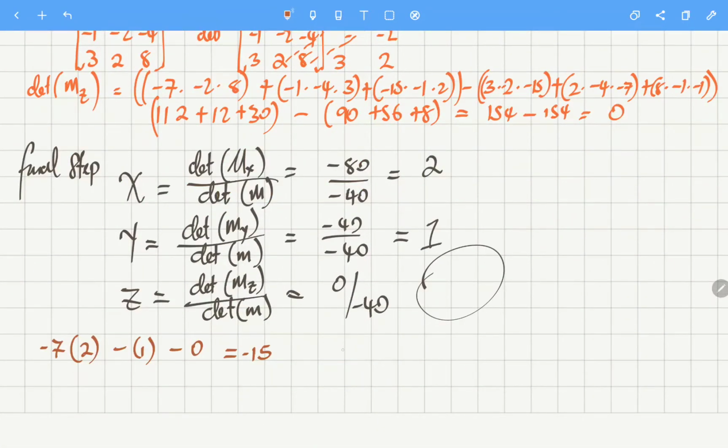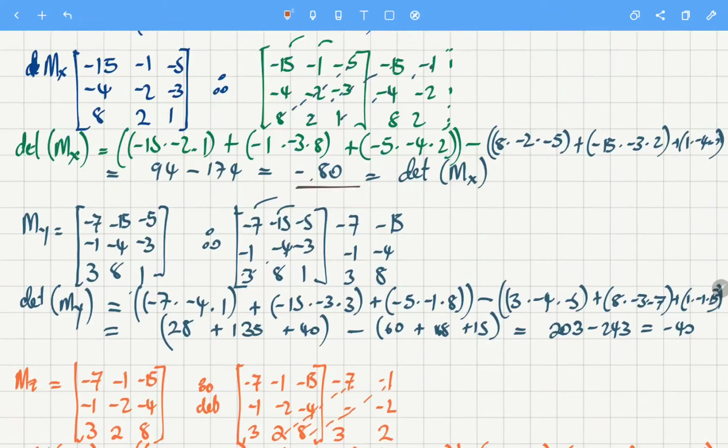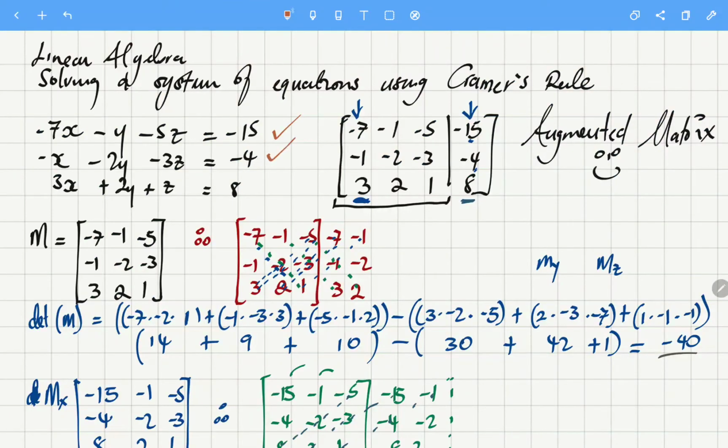And then the next equation: minus 2 times 1 minus 0, and that's minus 2. So indeed it satisfies that equation as well.